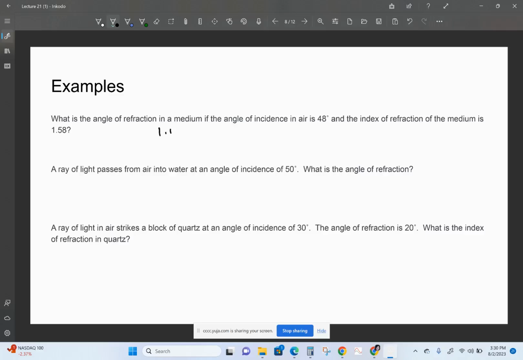So it's going to be 1.00 times sine of 48 equals 1.58 times sine of R. And sine inverse of R is going to give us sine of 48 divided by 1.58. Take the inverse sine of that.